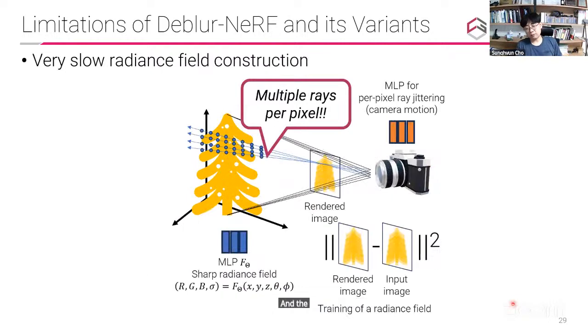The third limitation is that they are really slow in training time. In training, they need to sample multiple rays per pixel.